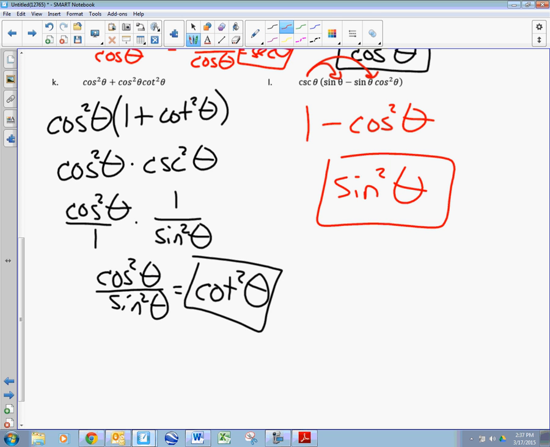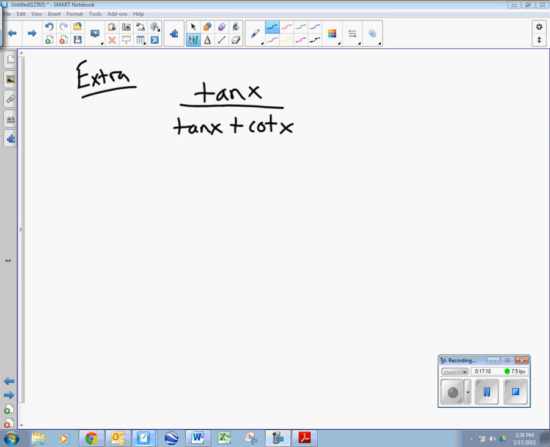So we're going to do an extra problem: tangent of x divided by tangent of x plus cotangent of x.